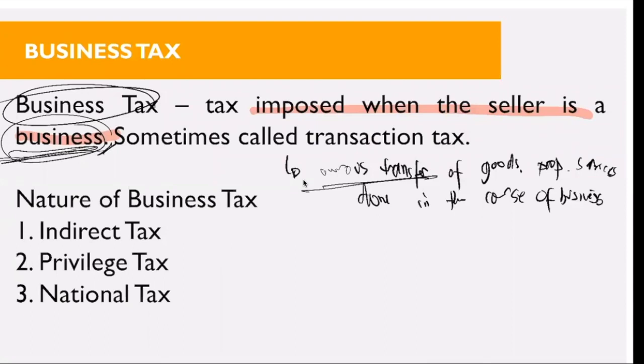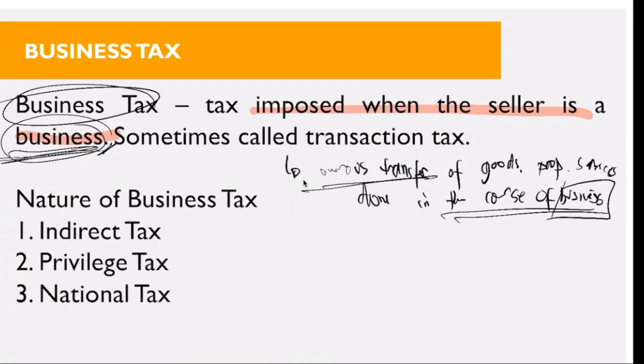So they are not subject to business tax primarily because they are not done in the course of business. So one thing that you need to look at in your business tax is whether it is within the definition of business or not. If it's not within the definition of business, it is not subject to business tax. But if it's within the definition of business, then it is subject to business tax.